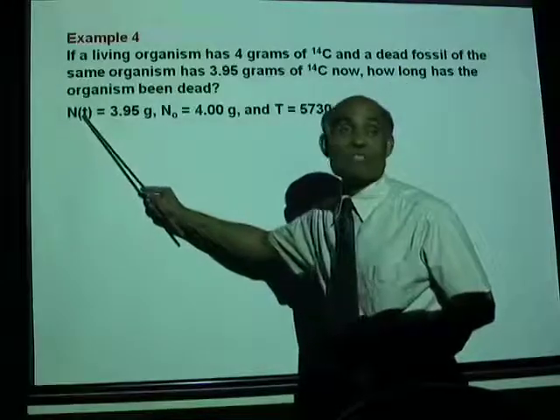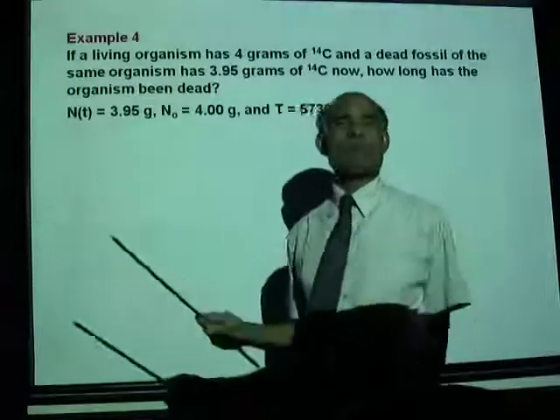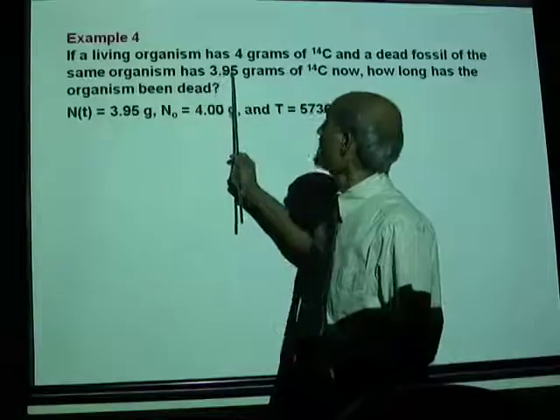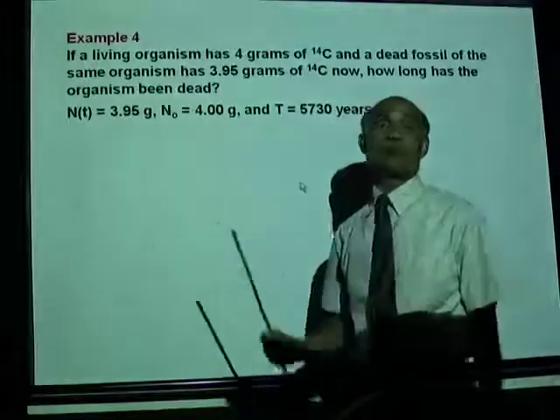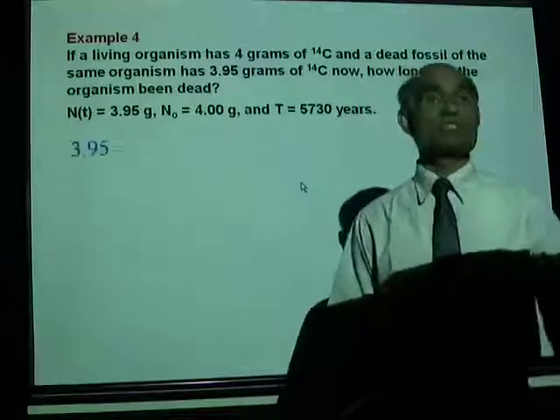Well, we have N of T, I should have written A of T. The amount of carbon-14 at a given time is 3.95, and the amount in the beginning is 4 grams, and the half-life is 5,730 years.